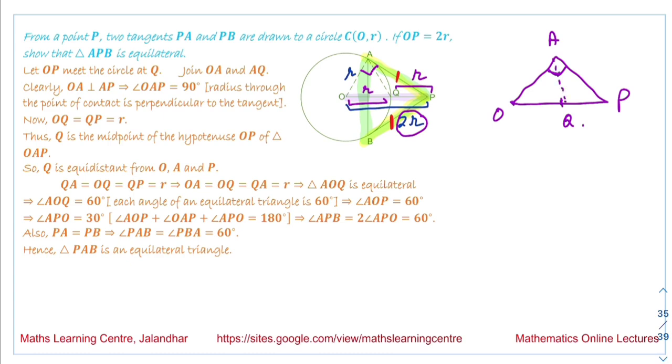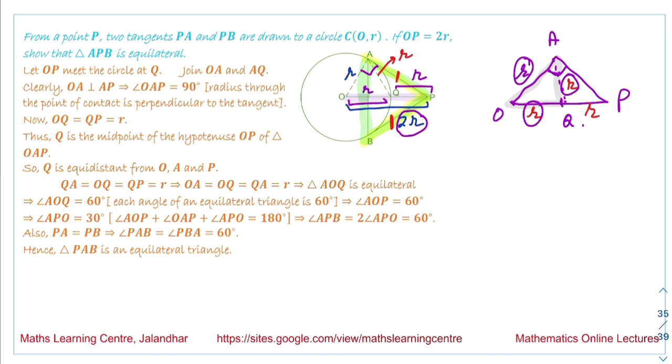Q is the midpoint of OP, and we have joined the points A and Q. So Q is equidistant from O, A and P. So length OQ is R, length QP is R, and length AQ is also equal to R. All three sides of triangle OQA have length R, so it is an equilateral triangle.